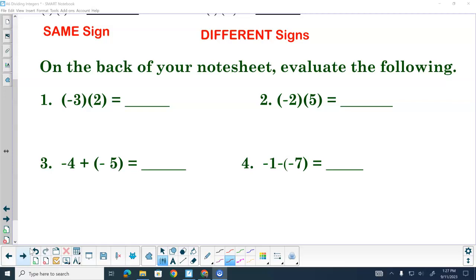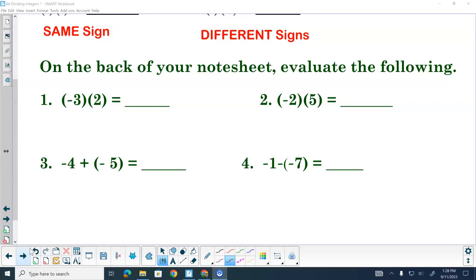So here in number 1, what is our mathematical operation? We're multiplying. So then you have to do your multiplication steps. Are our signs the same or different? Different signs.